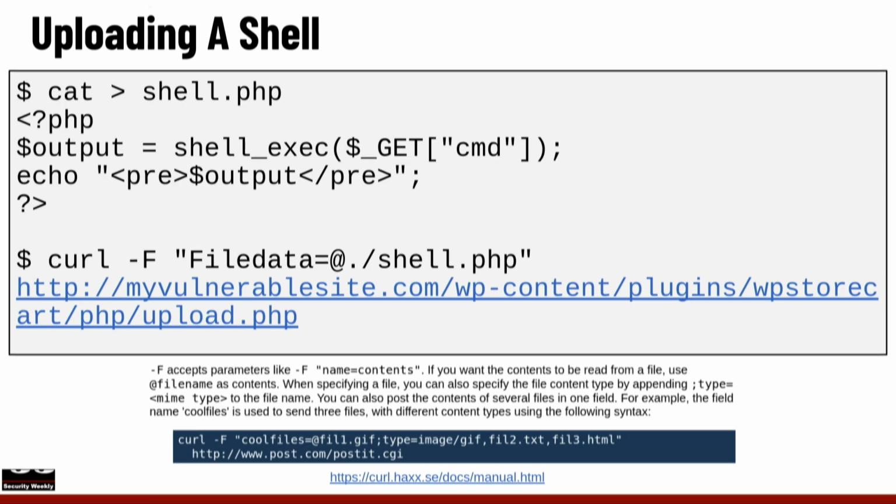So what I did was I created the lamest PHP shell probably ever, right? It basically just takes a command and passes it to the command line. Then I used the curl command to upload this shell.php to my web server. Very standard, very common. We're hacking like it's 10 years ago, right?